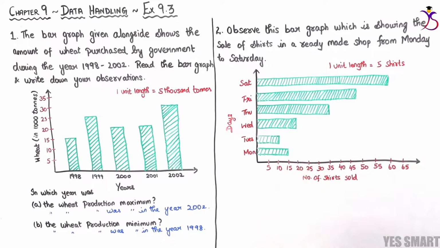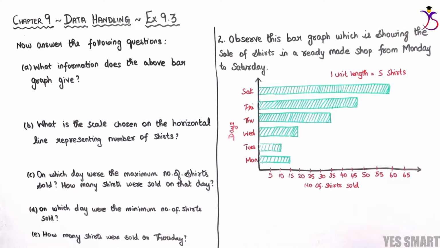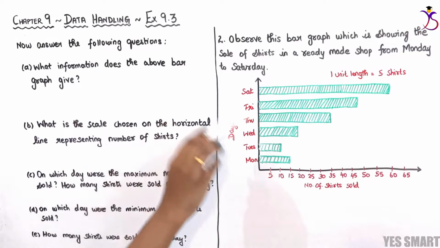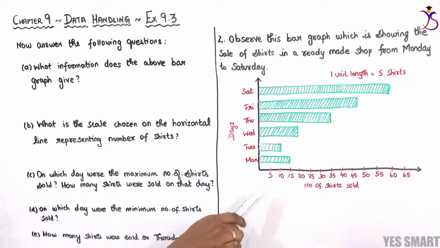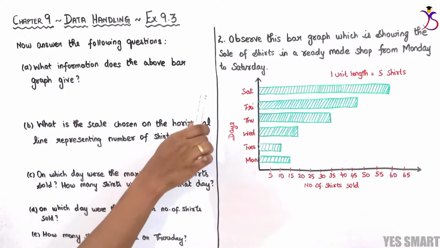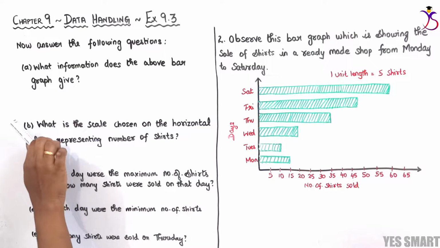Now we can easily compare how many shirts have been sold on any particular day. On observing this, let's answer the question. What information does the above bar graph give? The information communicated to us via this bar graph is the number of shirts sold on each particular day. On seeing this graph, we can say how many shirts were sold on any particular day.